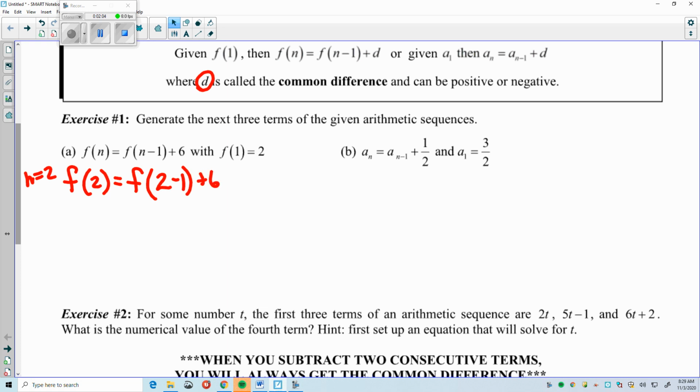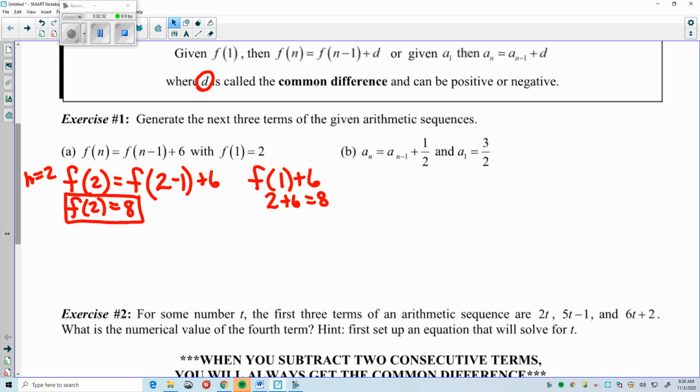If I simplify this, f of 2 minus 1 is really like saying f of 1 plus 6. Well, we know what f of 1 is. Back up here it was defined: f of 1 is equal to 2. So this is now saying 2 plus 6, which I know is 8. So f of 2 is going to equal 8.